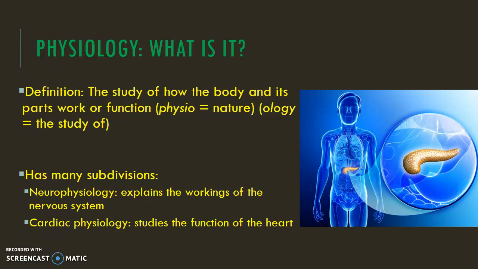So for example, if you had an issue with your nervous system, so your brain or your spinal cord, you would go and see a neurophysiologist, someone that studies neurophysiology, the functions of how the nervous system works. That picture on the right is a picture of a pancreas. A pancreas is an endocrine organ, and if you had a malfunctioning pancreas, you'd go see an endocrinologist.